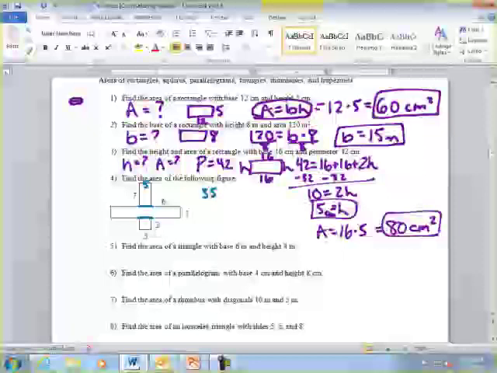The middle one, we have a 6 over on the right. What about the middle part? 5. Now the left part, I probably should have been a little bit more specific in the directions, but if we assume that this is a symmetrical figure, how long would that other side be? 6, just like the right side.